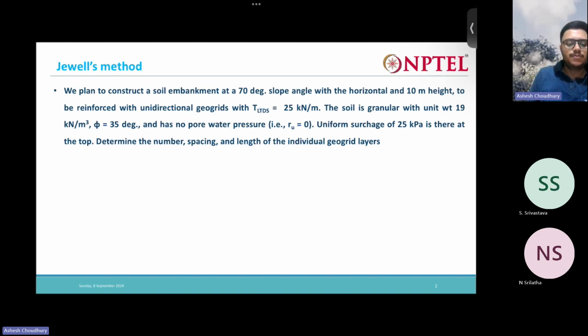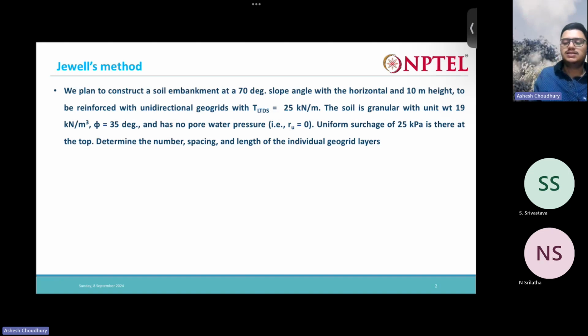So this is the problem that we have. We plan to construct a soil embankment at a 70-degree slope angle with the horizontal and 10-meter height. The slope angle of the embankment is given, that is 70 degrees with the horizontal.